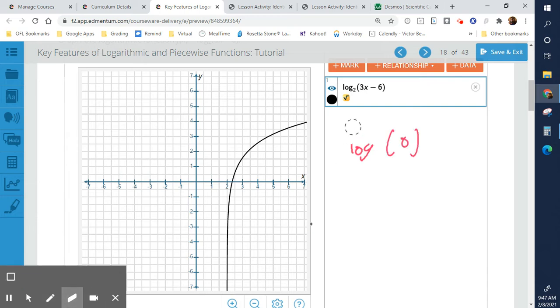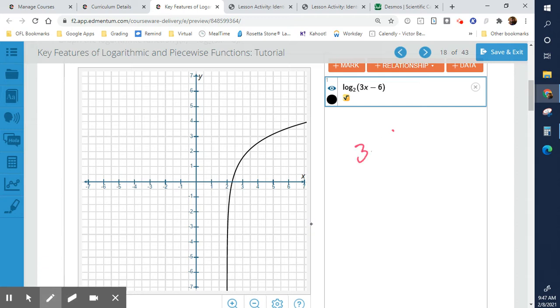So let's try to make what's inside here 0. How do we do that? 3x minus 6 equals 0. Well, this becomes 3x equals 6, which means that x is going to equal 2. So that's why our asymptote is 2.